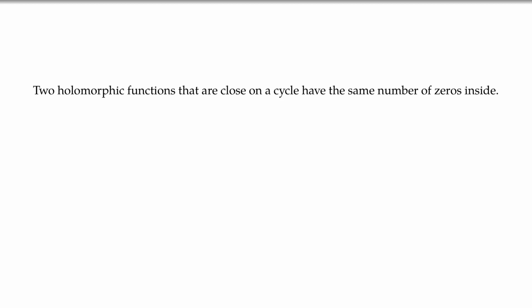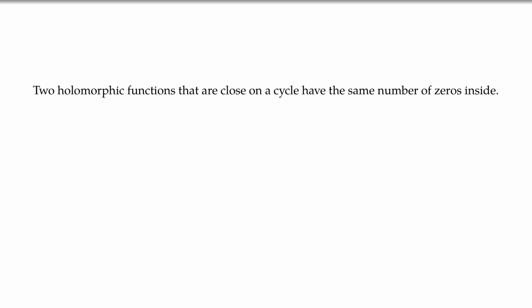So if we have two holomorphic functions, then, at least for the purposes of this theorem, we think that they're close on a cycle. And this is going to be in the uniform metric, for example.